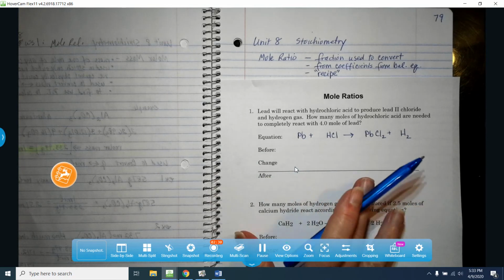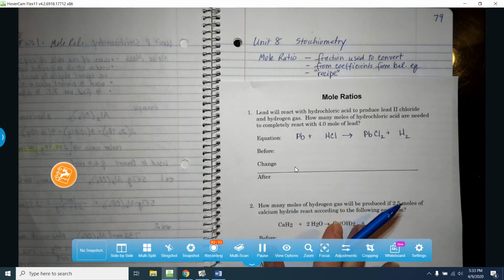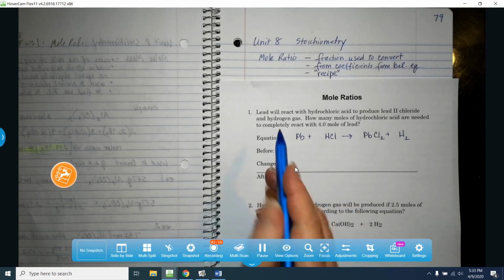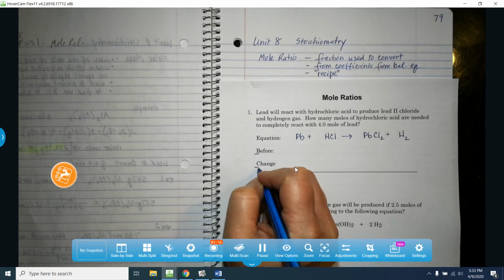So the way I'm going to show you to do stoichiometry is a little bit different than maybe your brother or sister or friend who has a different teacher might be doing it. And the reason why I do it this way is it gives you a whole picture of what's going on in a chemical reaction.